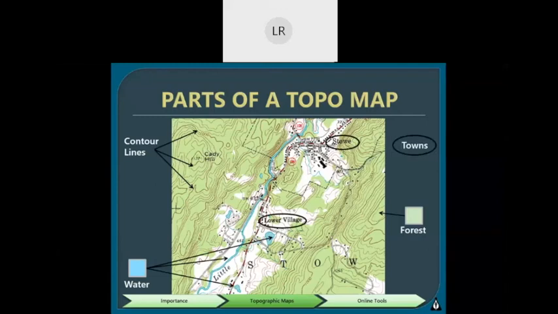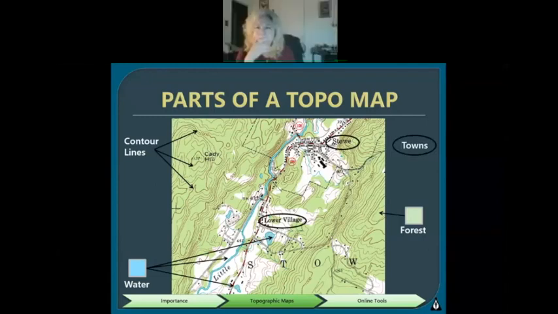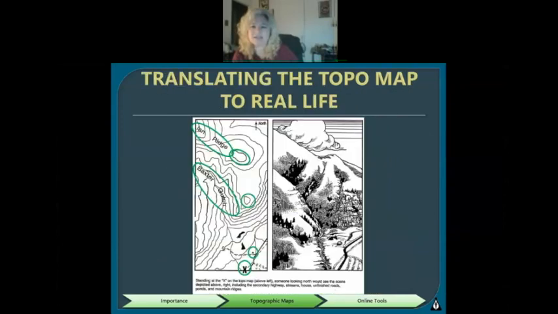So when you are looking at a topo map, please be sure you are looking for features such as water bodies, and you're looking at developed areas versus maybe some more natural areas like forests. So those are things to be cognizant of when you're looking at a map. Also roads, again, another sign of development.